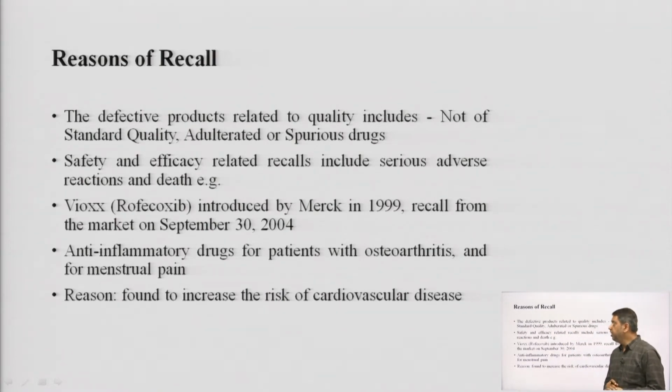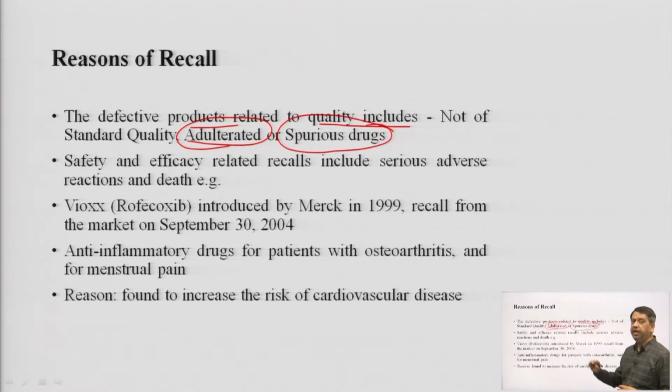Now, the next thing is the reasons for recall. Defective products related to quality include those not of standard quality. That means the product may be adulterated, or it may be a spurious drug.